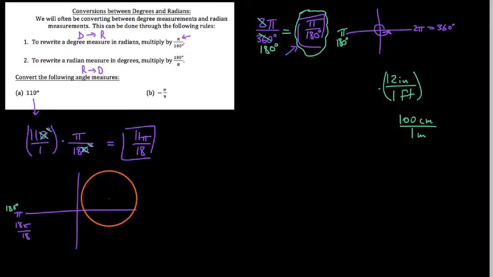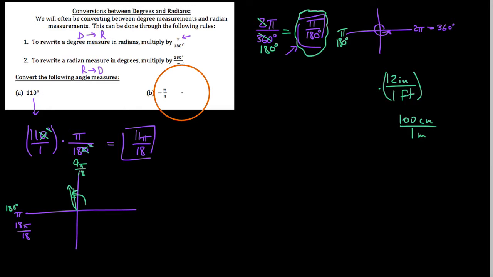Each one would be 10 degrees, and we have 11 of these 10 degree angles, which is 110 degrees. You can imagine 18 different pie slices, of which we're coloring in 11 of them. 9 pi 18ths would be pi halves, so it would be 2 ten-degree angles past this, which is 110 degrees.